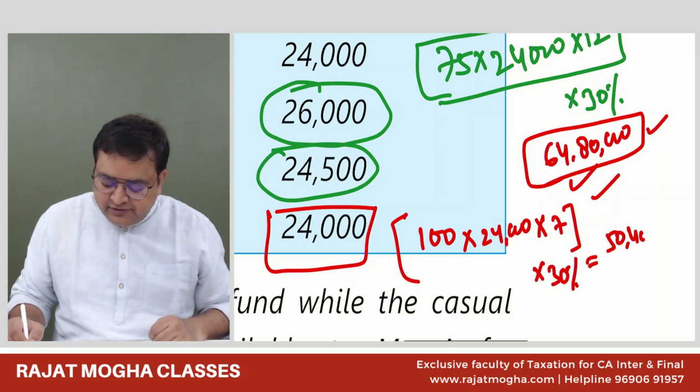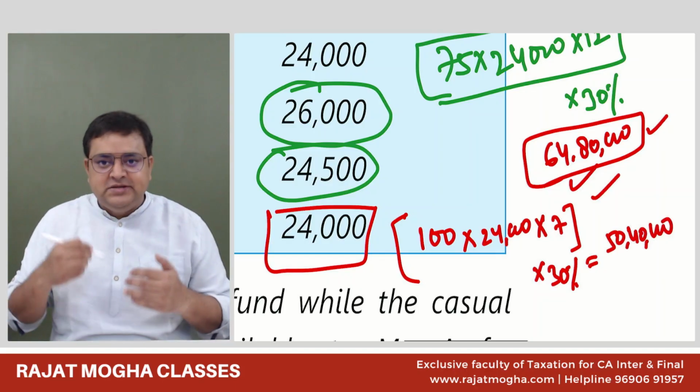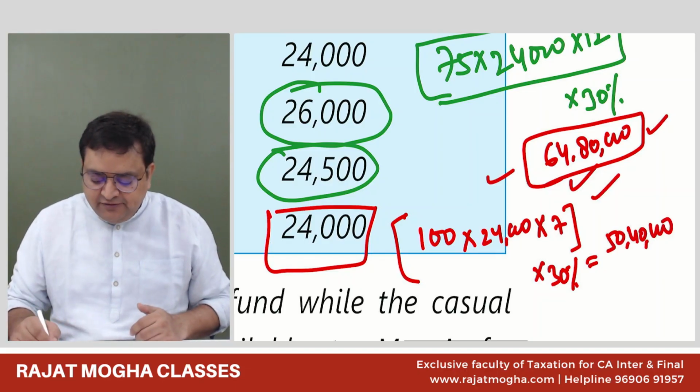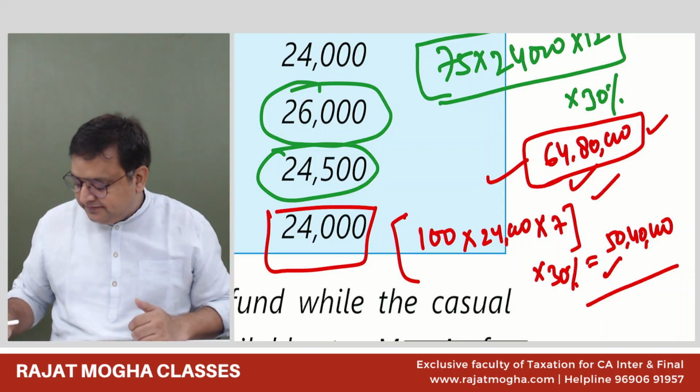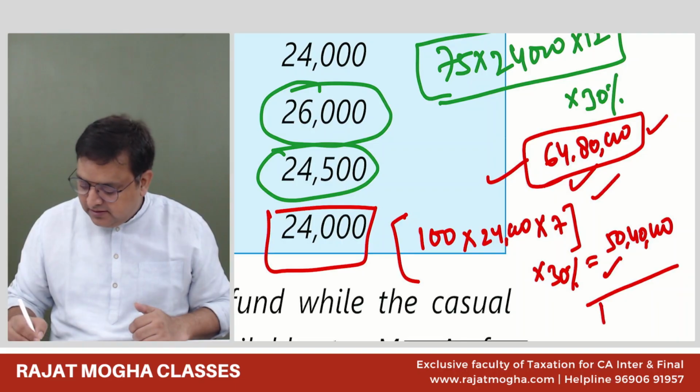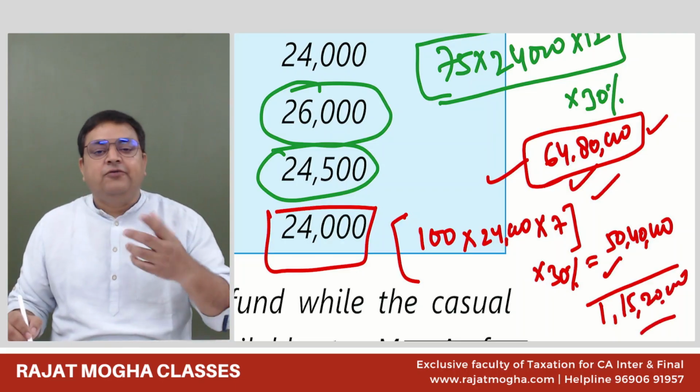So now the total deduction of 80JJAA, which is coming as 64.8 plus 50.4, is 1 crore 15 lakh 20,000. Okay, so 1 crore 15 lakh.